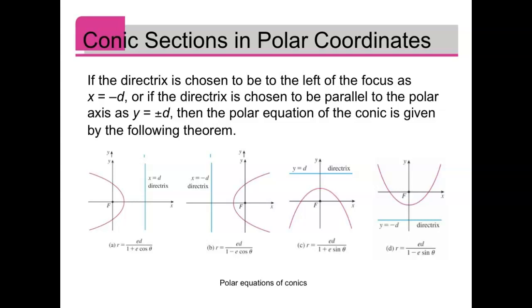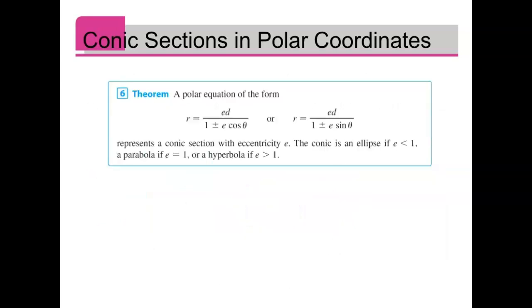So if the directrix is chosen to be to the left of the focus as x equals negative d, or if the directrix is chosen to be parallel to the polar axis, so y equals plus or minus d, then the polar equation of the conic is given by the following theorem, which is this.